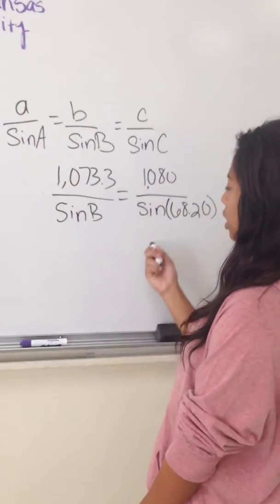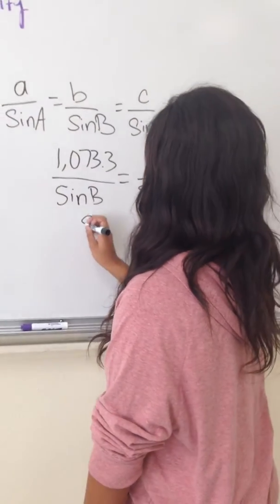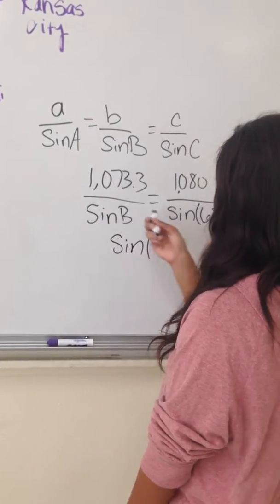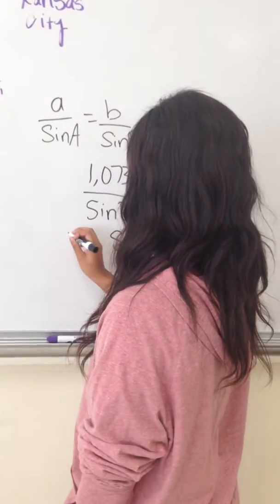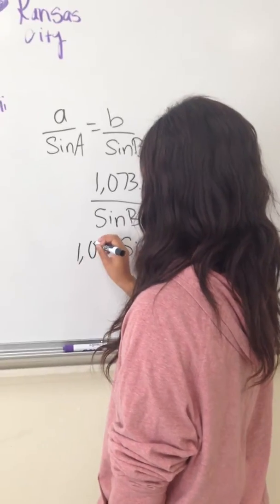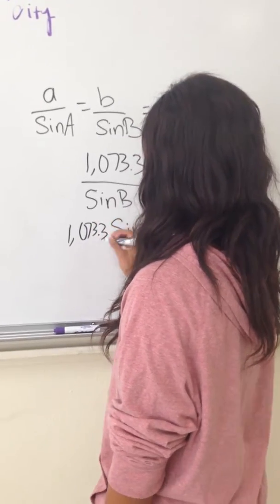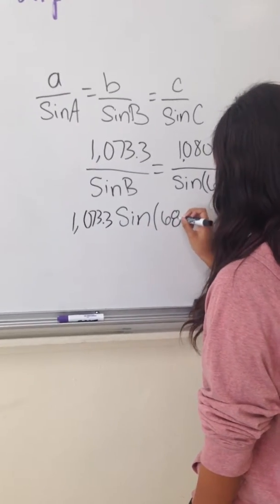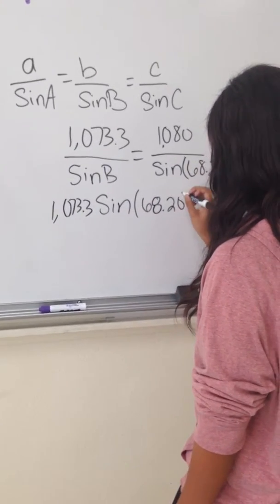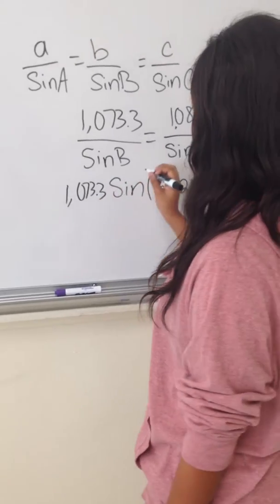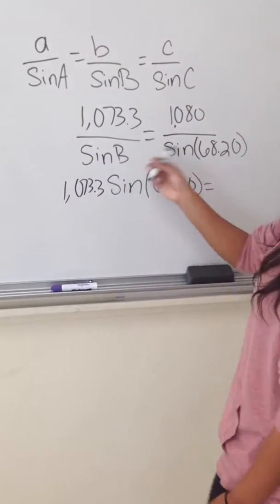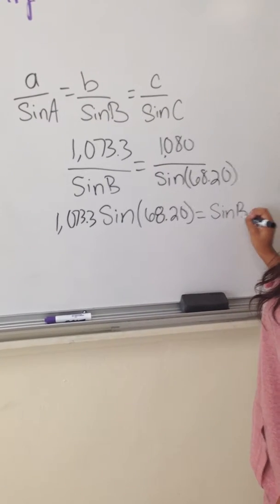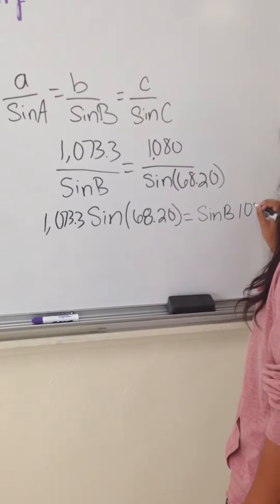Now, once you have that, you cross multiply. So you're going to have, actually, 1,073.3 in front of sine, my bad, 1,073.3 times sine 68.20, and then you're going to have it equal to sine B times 1,080.